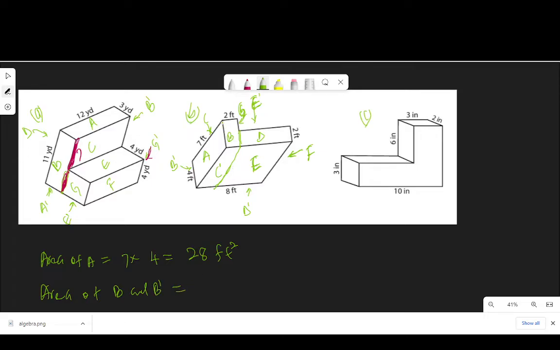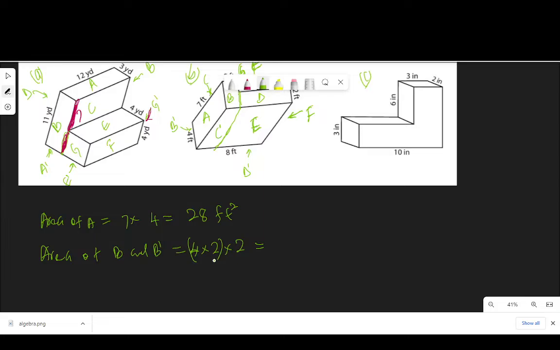The length of B is not 7, B and B prime in this place. So 4 by 2, times the 2 of them. 4 times 2 is 8, 8 times 2 is 16. 16 feet square.